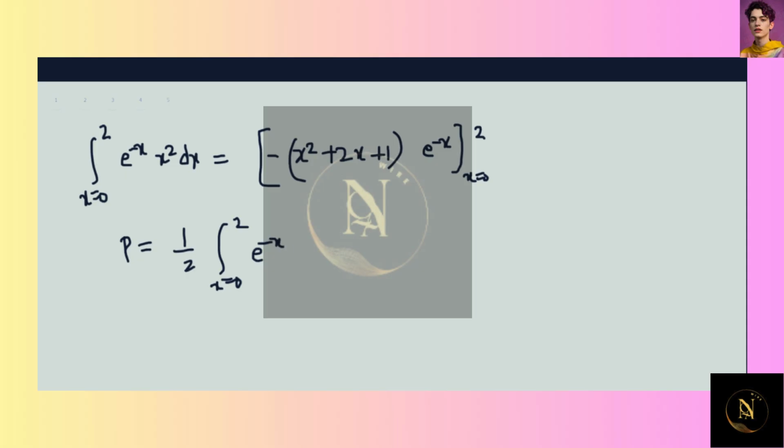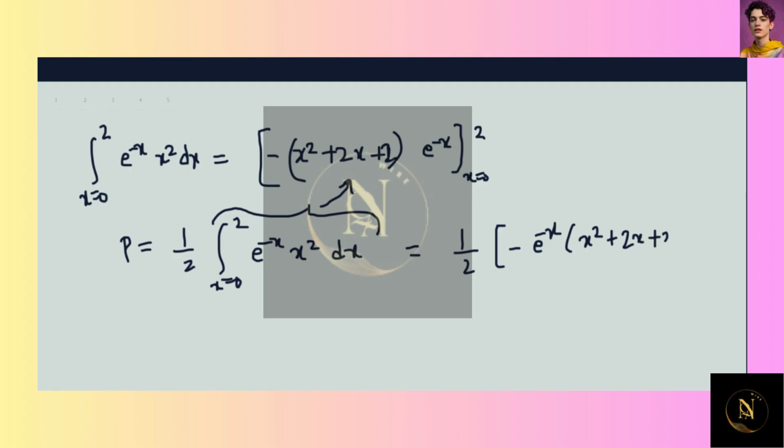You substitute the limits, and you basically get 0.32, which means the probability of finding an electron at a distance less than Bohr's radius is 32%.